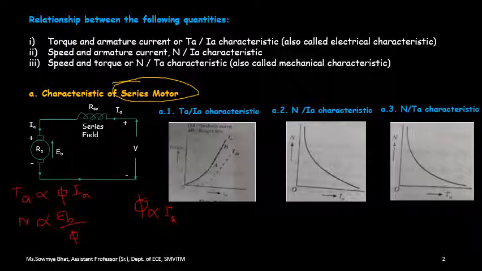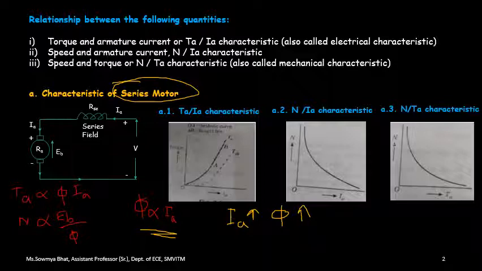So if I consider a heavy load, if the load is increased, obviously armature current will increase. If armature current increases, from this relationship the flux will get strengthened, that is, the flux will increase.